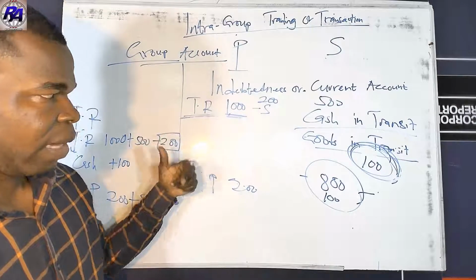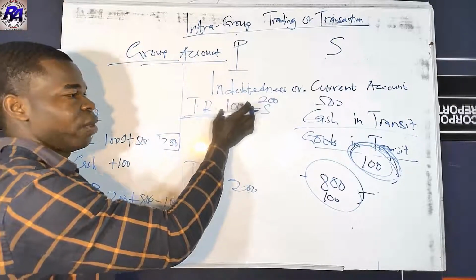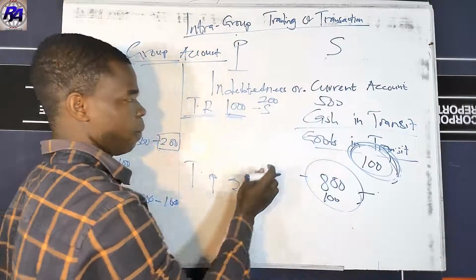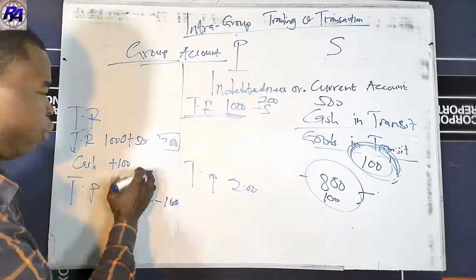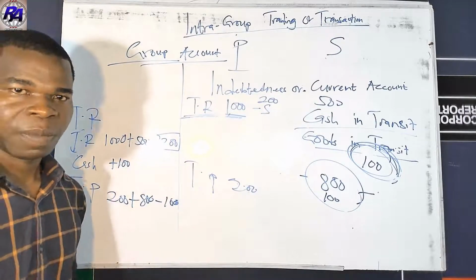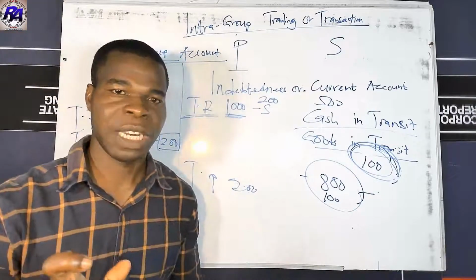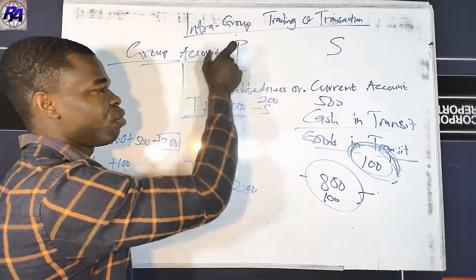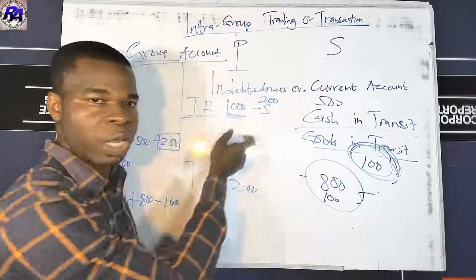So remember that it's not always the case that the total amount here or the total receivable here is the same total amount received or owed by the subsidiary. Probably part of it can be owed, and if that is the case, this is how you should go about its treatment. Sometimes the entities will give you a specific direction that cash in transit is treated separately in the parent books, or the subsidiaries will depend on who is owing who.